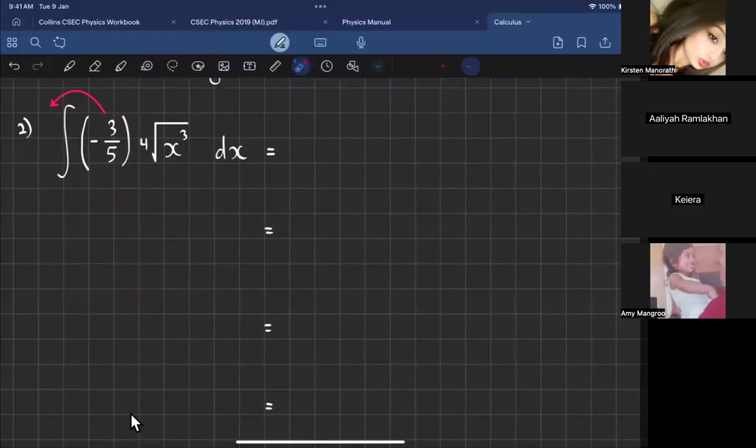Right. So minus 3/5, x to the power 3/4, right? Then x to the power 7/4. Yeah, I probably typed it wrong. 4/7, you have it correct there. You're going good.